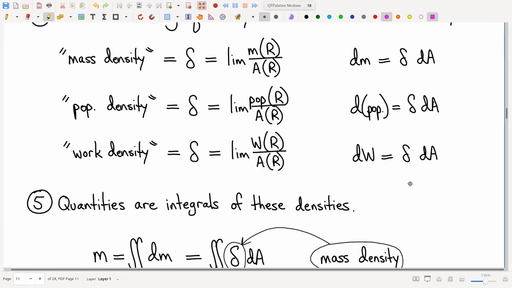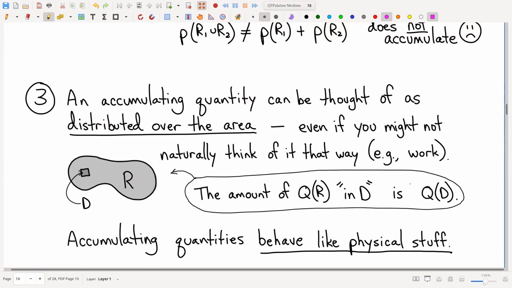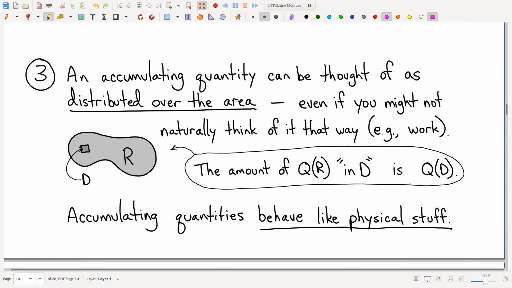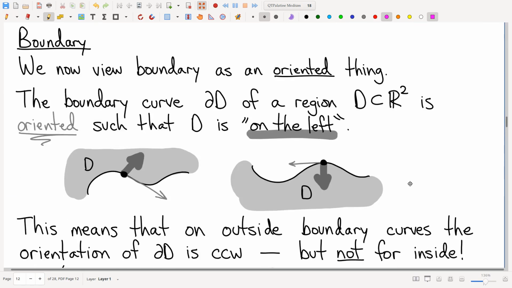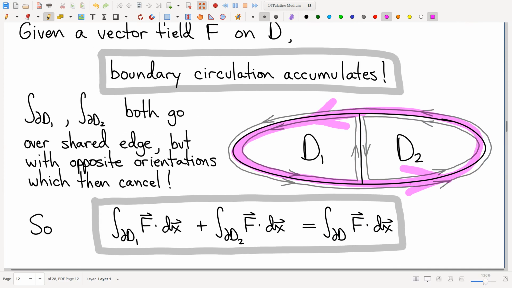I make a big ask that when you have an accumulating quantity, you can think of it as actually distributed over the interior. And that seems kind of weird in this case, because wait a minute, I'm supposed to think of the circulation that's clearly being computed on the boundary as somehow mysteriously happening in the interior? Come on, right? That's very weird to think of it that way.